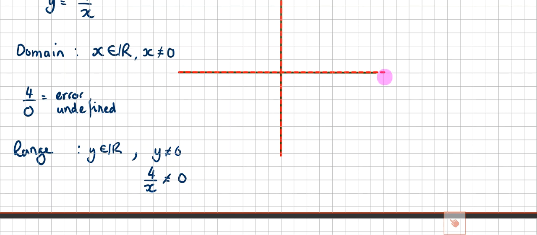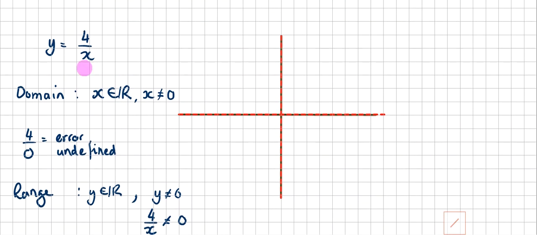Now, I know these are asymptotes and not just individual values. How do we know that? Well, do you remember what a rational function like 4 over x looks like? Let's work some values out. If we put x equals 1 in, what will y equal? 4. If I put x equals 4 in, y will equal 1.